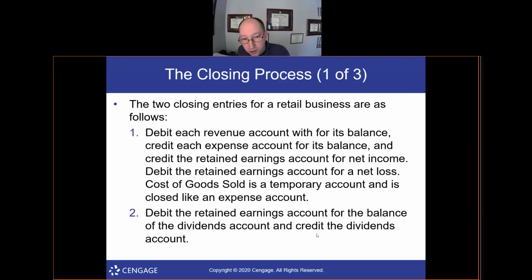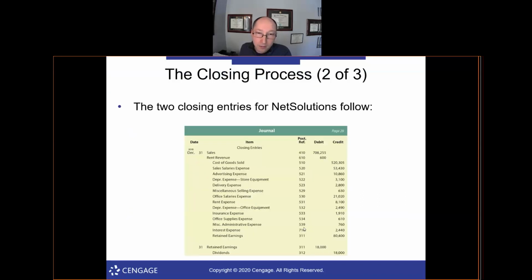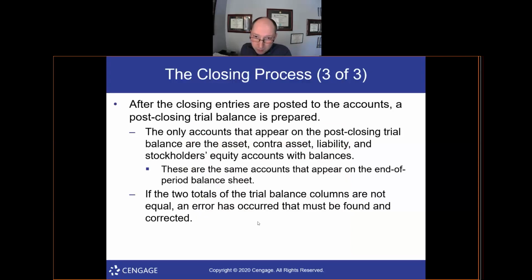We post those to our retained earnings. Cost of goods sold gets closed out also to retained earnings, just like an expense would. We would debit our retained earnings account and we would credit our net income to close out to retained earnings, just like before. That's part of the closing process. Works the same exact way.